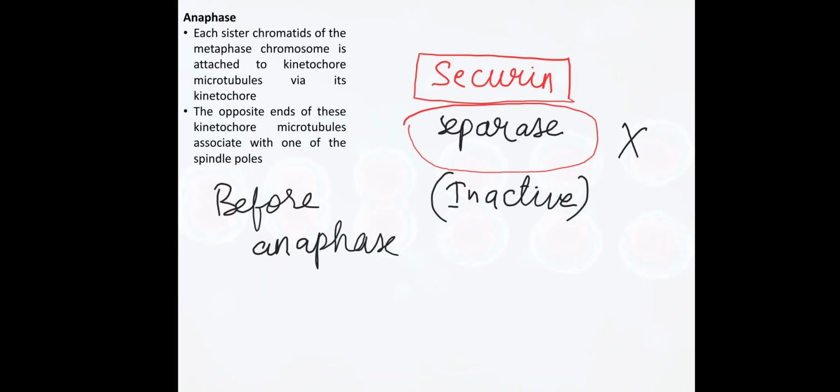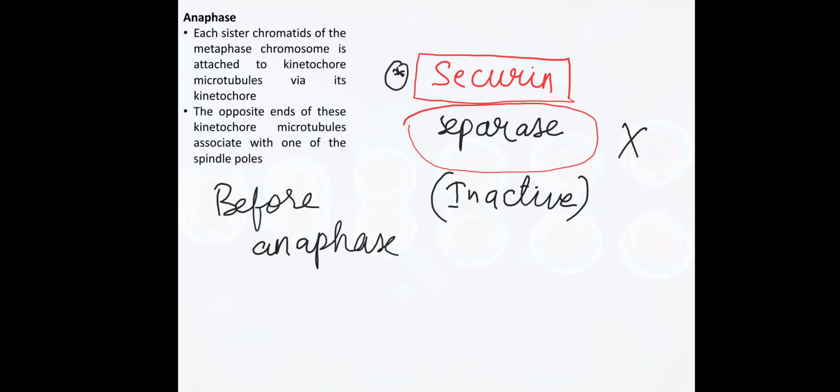Therefore, it is not interfering with the separation or interrupting the cell cycle. As it is inactive, it is not degrading cohesin. So how is it kept inactive? It is through this securin protein.